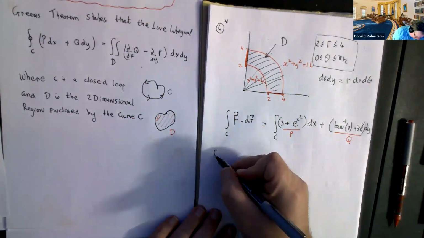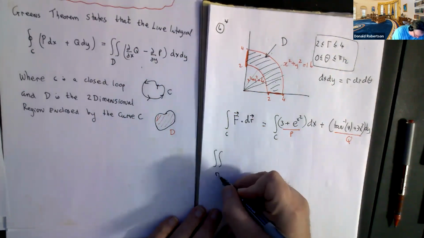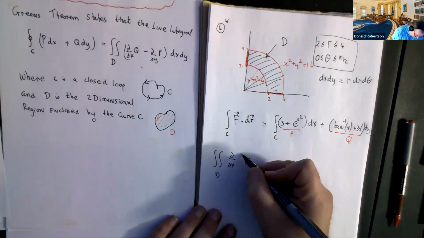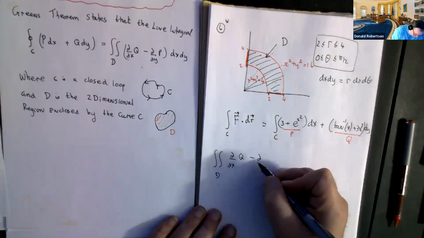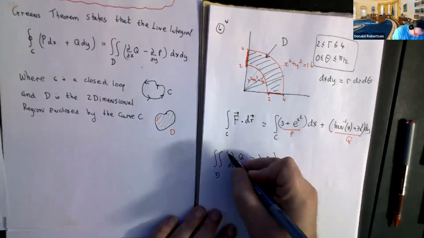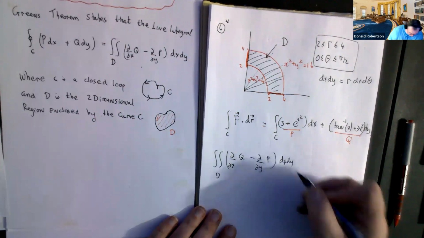I know that it's going to be a double integral over this region D. It's going to be the partial derivative with respect to x of Q, take away the partial derivative with respect to y of P. And right now, I'll just call it dx dy, but I may change that order.